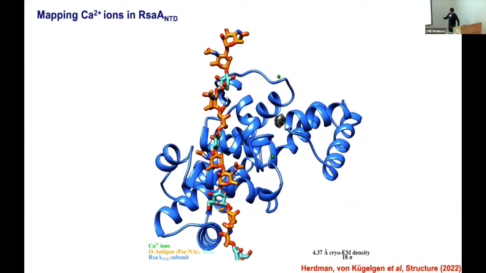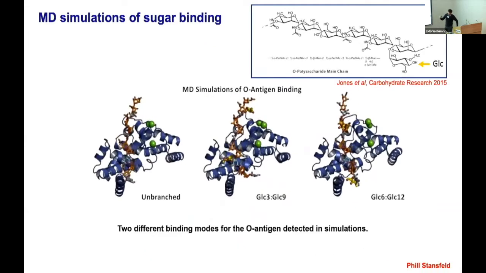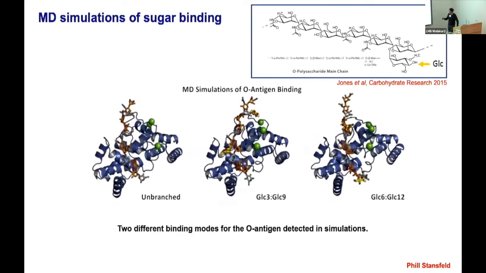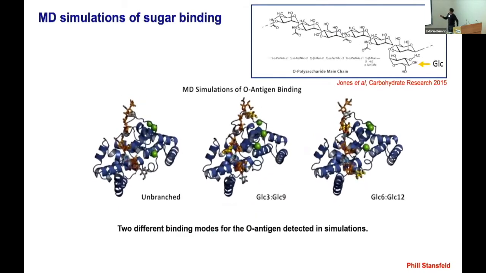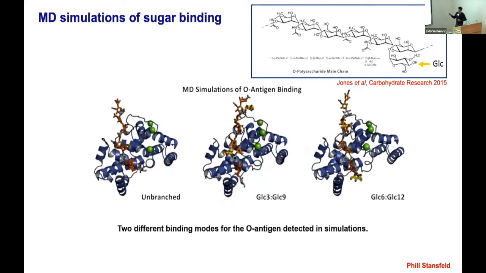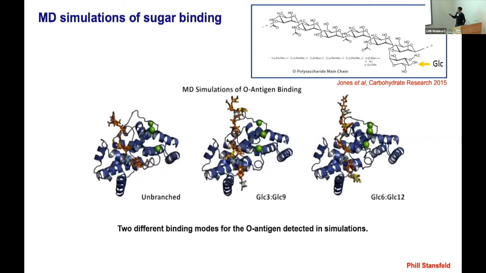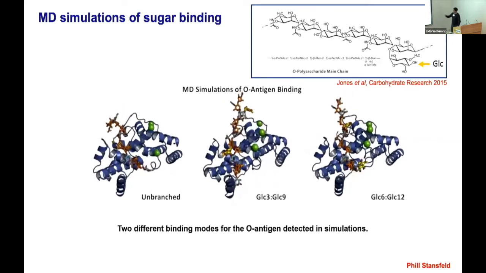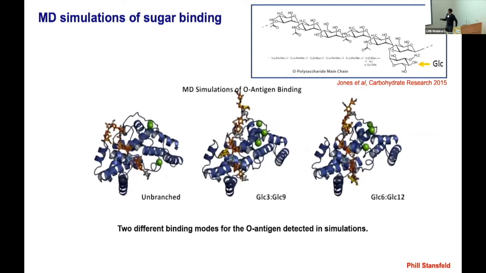Okay, so how is the protein actually arranged along the O-antigen? That was the next question we posed. And first, we resorted to MD simulations. So if you remember, I showed you there's a main chain of the O-antigen and these branching moieties at every 6th position along the O-antigen repeat.